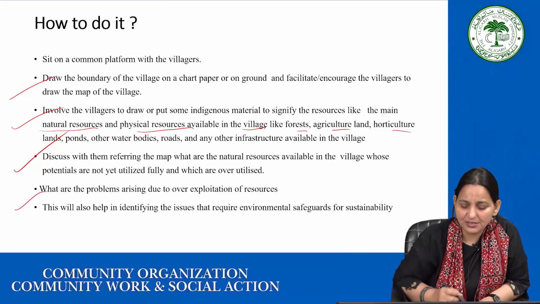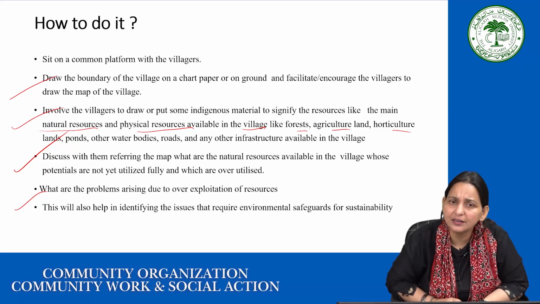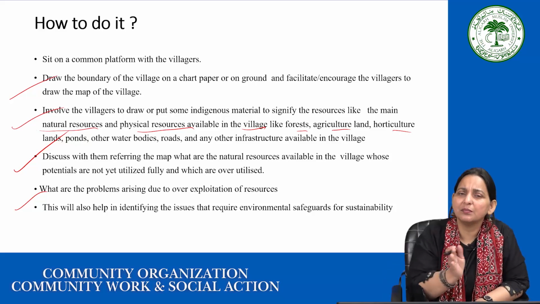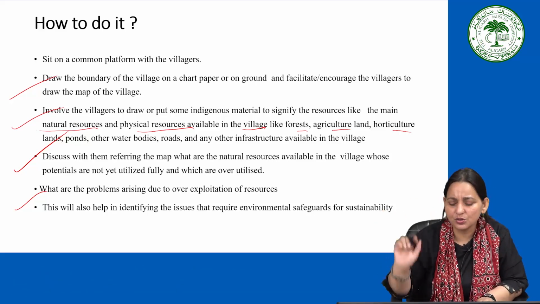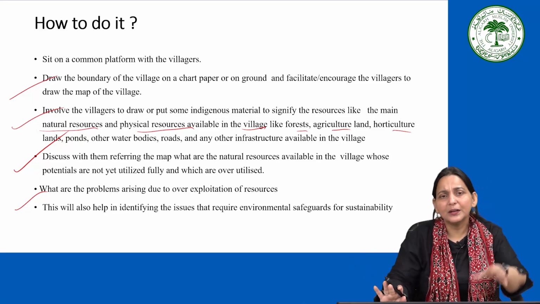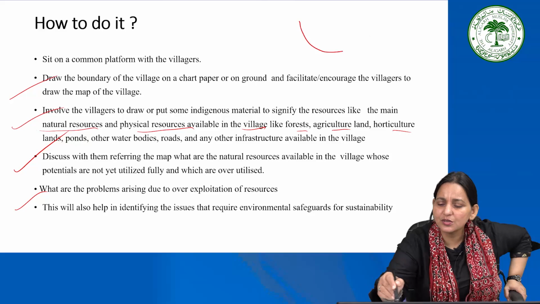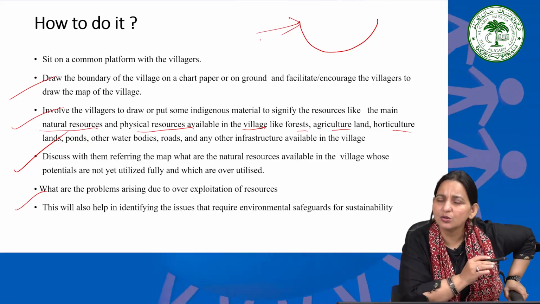What are the problems arising due to the overexploitation of resources? It is also important to understand the threat if they continuously use the resources without concern for the future. So it is important to make them realize that a resource is going to deplete. You can ask: if you are using this pond, is it the same as it was 10 or 20 years back?